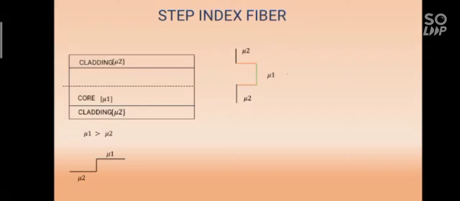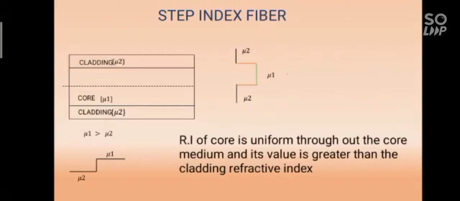So in case of step index, we can write, hence the refractive index of core is uniform throughout the core medium and its value is greater than the cladding refractive index. So this is happening in case of step index fiber. And the path here is a zigzag path.